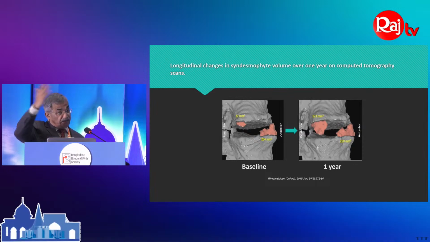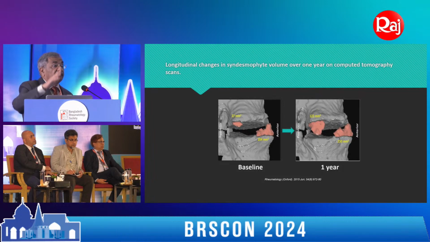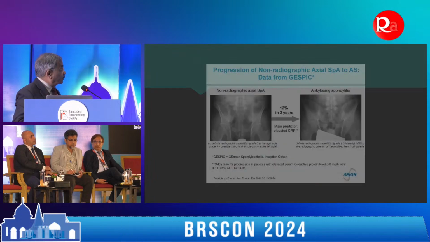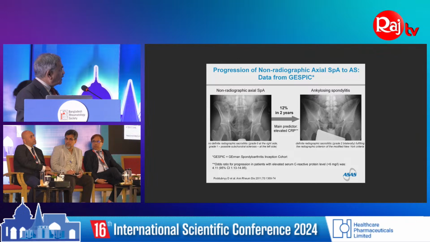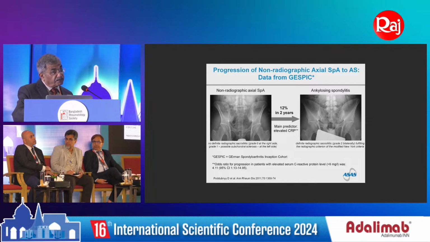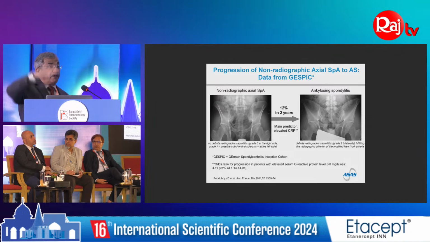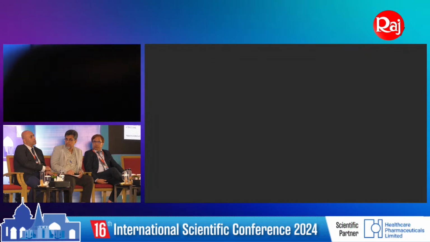So probably it progresses, and most of them progress, because a lot of people say they may not progress, and if they progress at this rate. Almost 10% of people from early disease, from non-radiographic, become radiographic. 10% every 2 years, 12% almost. It's quite a big figure. About 5 to 6% of people from non-radiographic become radiographic.